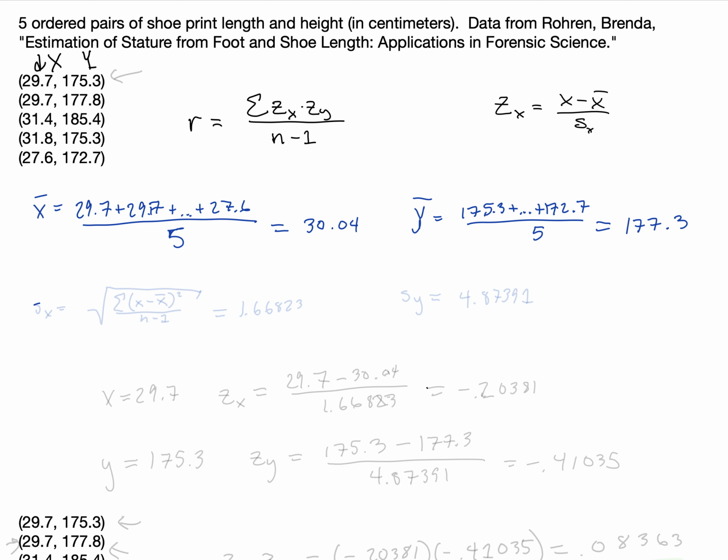We also need to find the sample standard deviation for each distribution. Recall that the standard deviation for a sample is given by the formula square root of the sum of each data value minus the mean squared, divided by n-1, if we're talking about the mean for a sample.